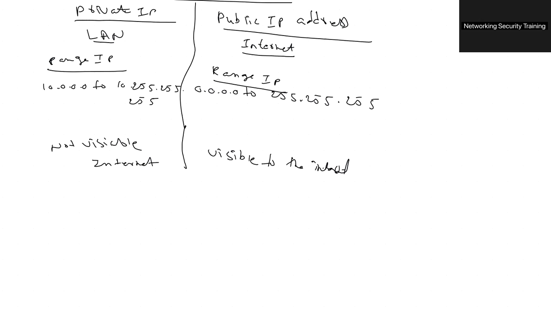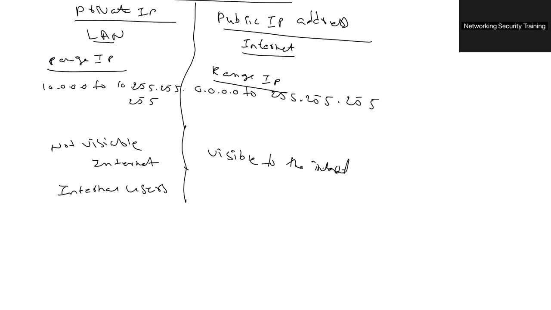A private IP address is only for internal users, and public IP addresses are visible to the internet.